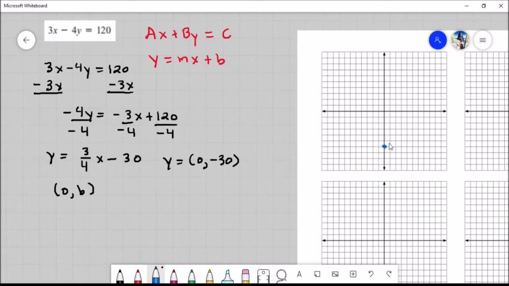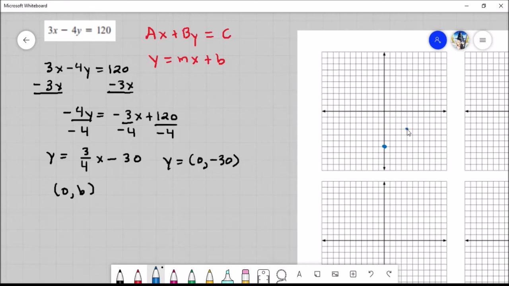So, just for no confusion, I'm going to use the lines. So up 3: 1, 2, 3, and over 4: 1, 2, 3, 4.